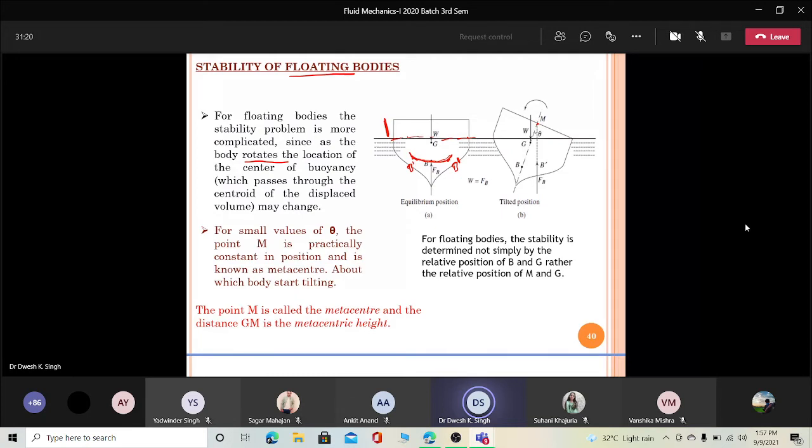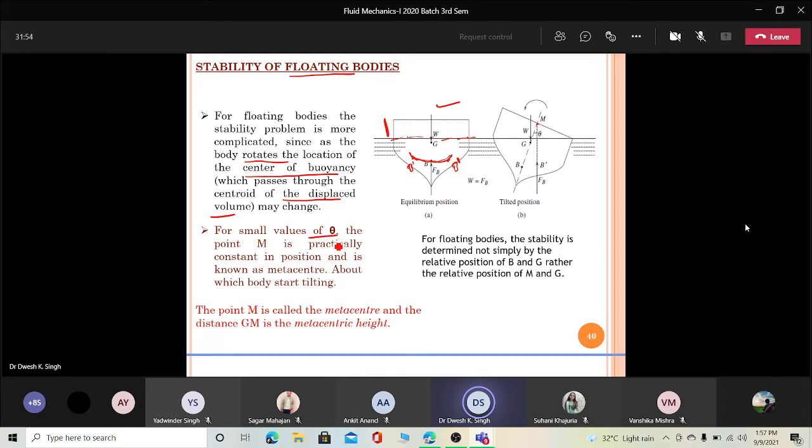So the center of buoyancy always displaces due to the displacement of the body in the floating bodies. This is the reason which generates the complexity in such bodies. Now, one of the best examples of the floating body is the ship. Your ship designing is based on these metacentric concepts.